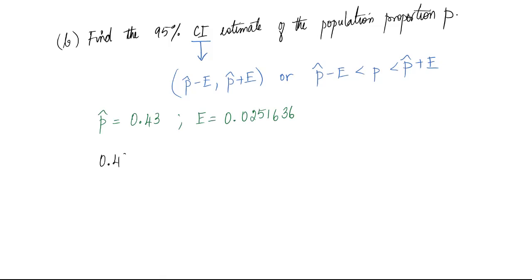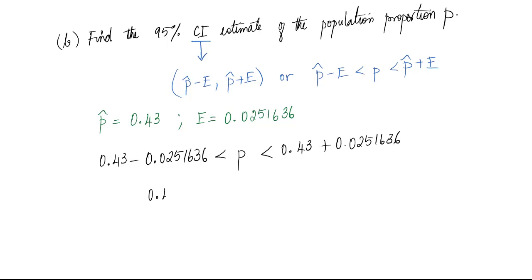So 0.43 minus 0.025166 less than p less than 0.43 plus 0.025166. And that simplifies, and then we can round it to 3 decimal places. It comes out to be 0.405 less than p less than 0.455.